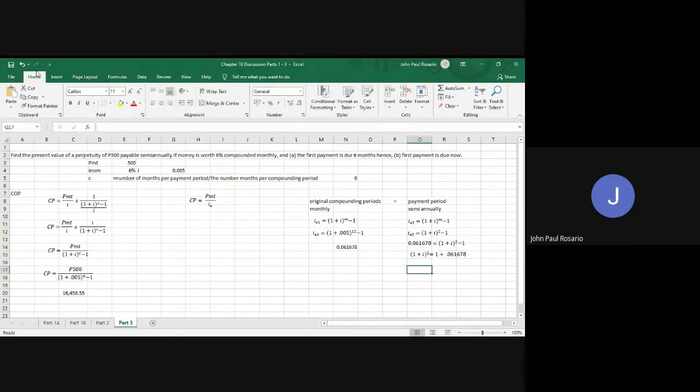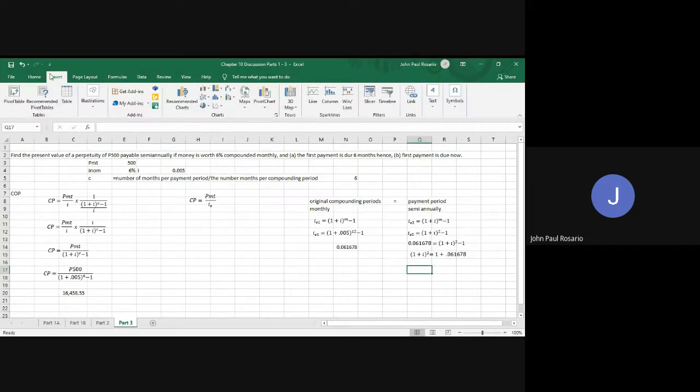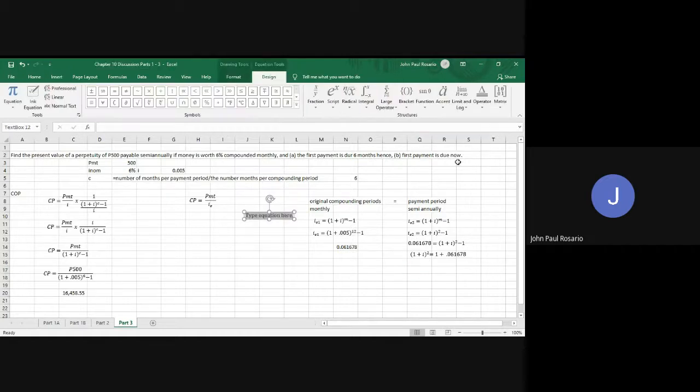And then for the last part, we're going to insert another equation. So i now is equal to our radical sign.